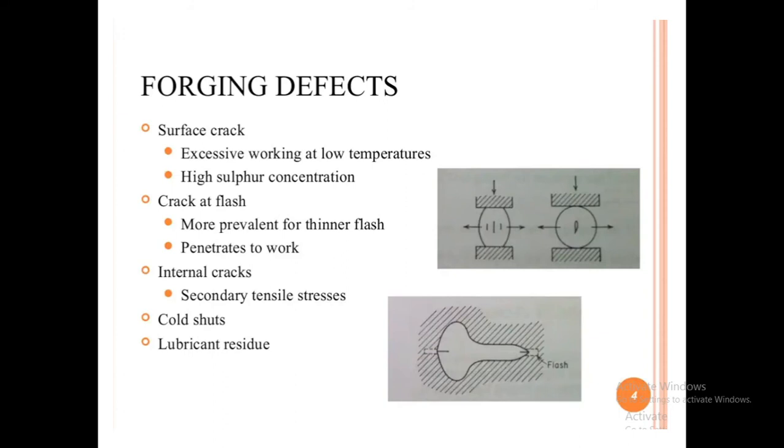Cracks around right-angle corners can also be present, which means if we make a product using a forging process and there is a right angle on that product, then cracks will develop. Then cold shut arises due to misplacement of the material in a die, which means if the material is not properly placed in a die, then defects will arise, and it is called cold shut.